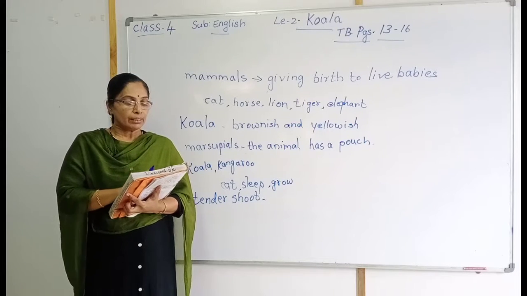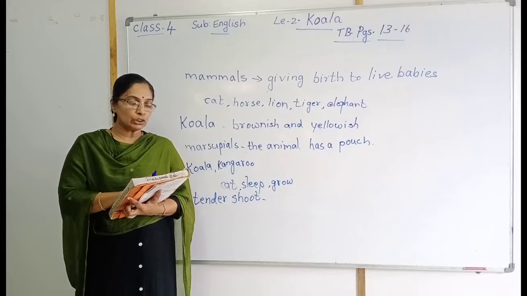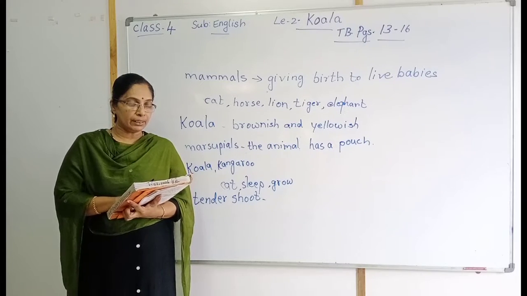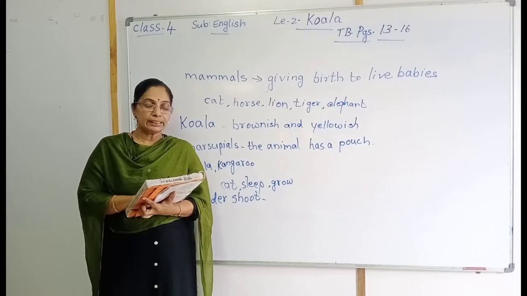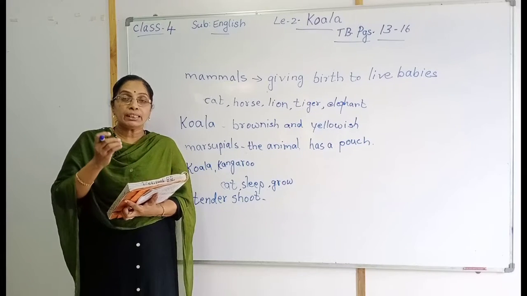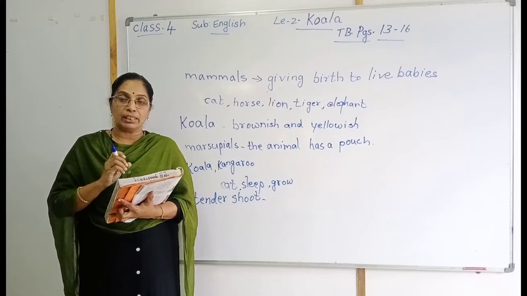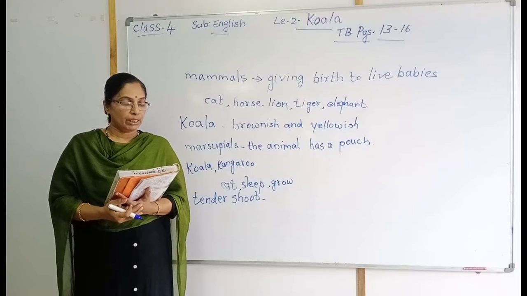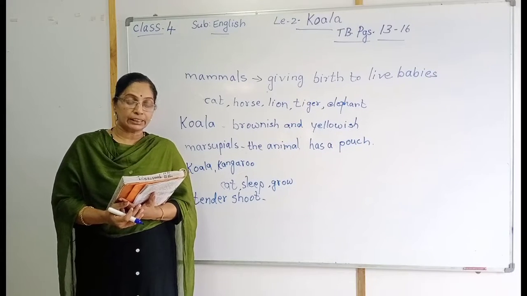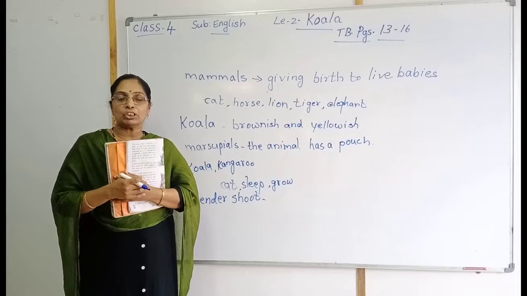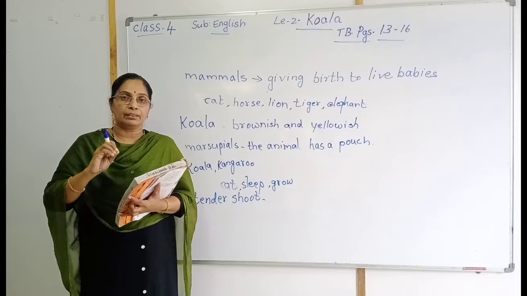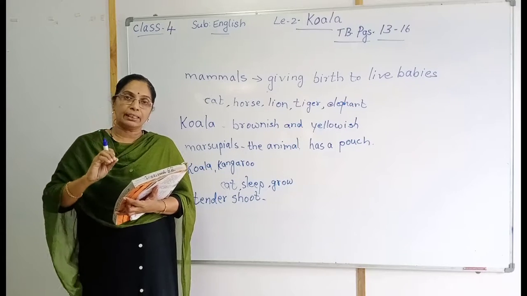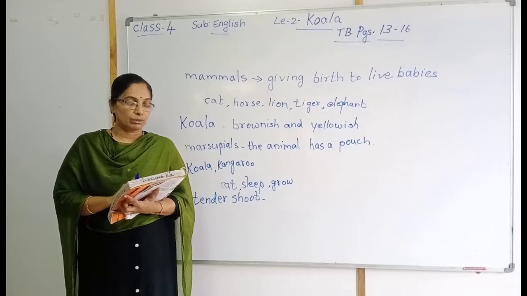Okay, children. Then a koala has two sharp teeth in front for tearing leaves. How can the animal eat the leaves, children? How do we tear paper, children? In the same way, the koala tears the leaves.